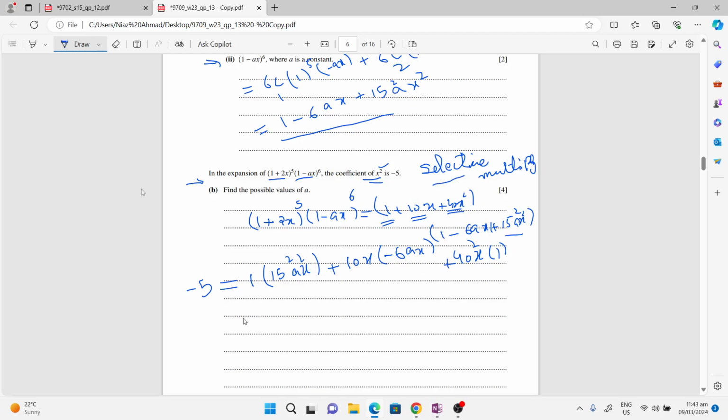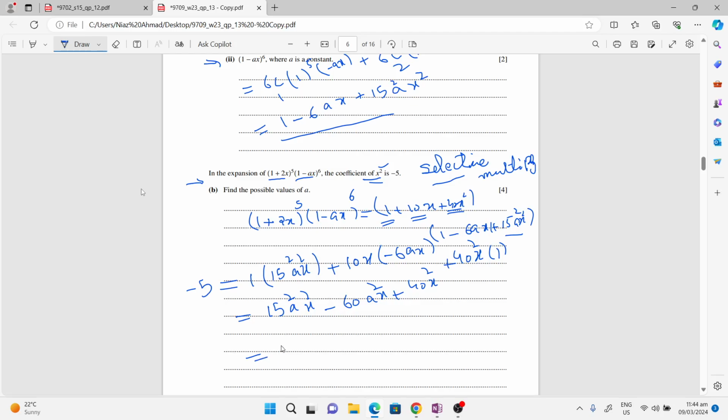So I do my selective multiplication and I get all the terms containing x square. So this is 15a square x square minus 60a x square plus 40x square.